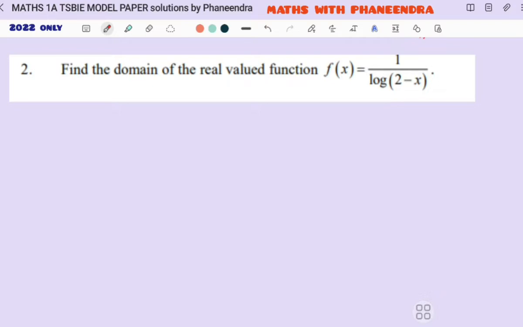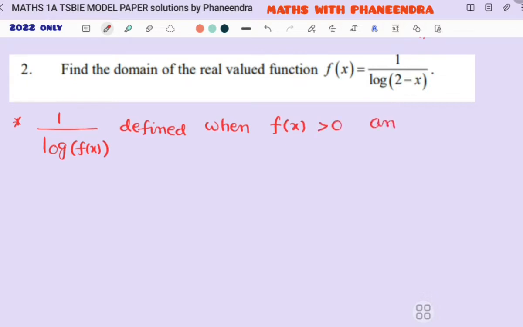So we know that whenever log f of x is in the denominator, first we need to write: 1 by log f of x is defined when f of x should be greater than 0 and f of x should not be equal to 1.